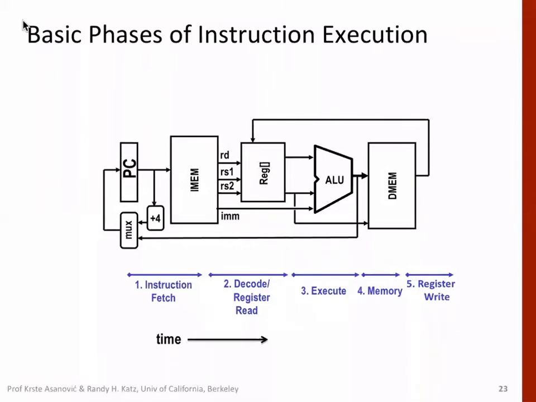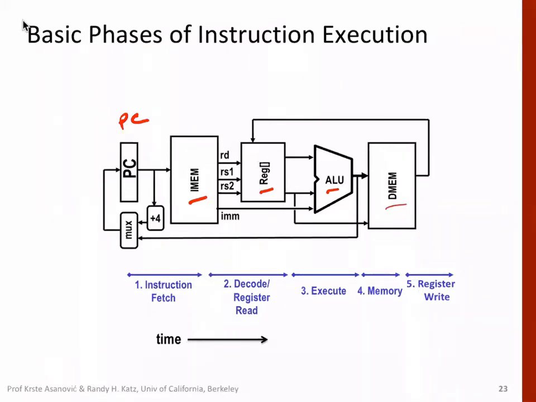Of course, it's not complete because it is just a very elementary diagram right now. We can see the components here. We have the program counter, the instruction memory, and the data memory. We have the register file, and we have the ALU, and we have one mux here.